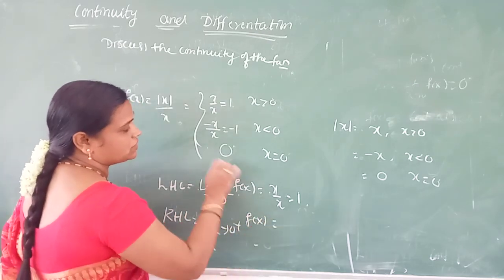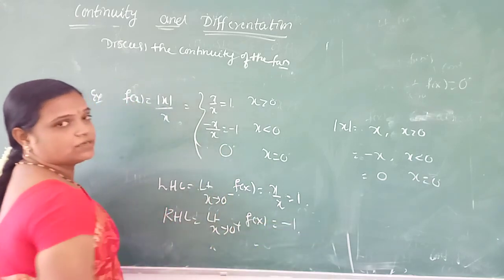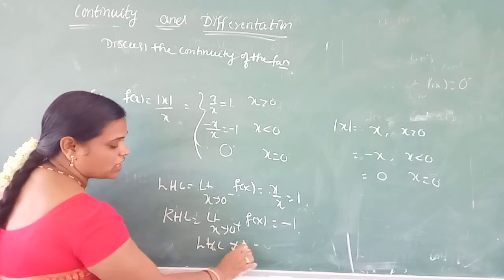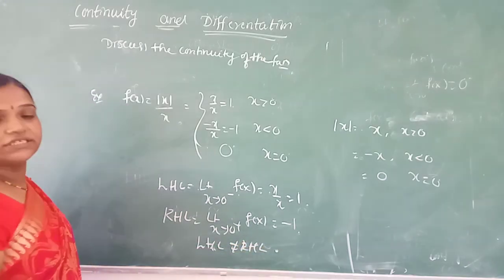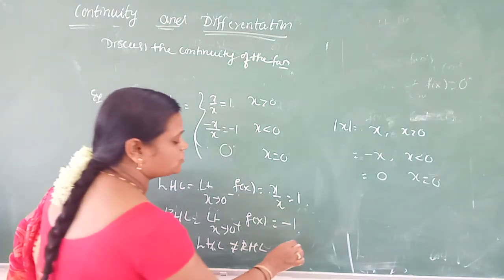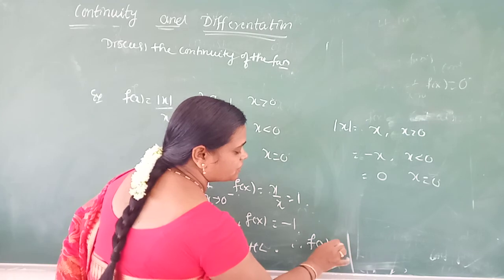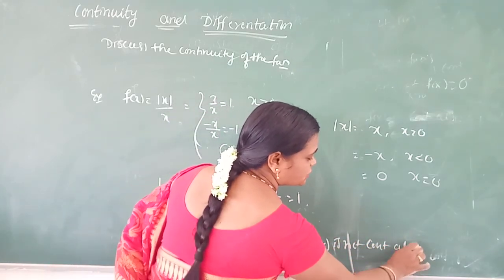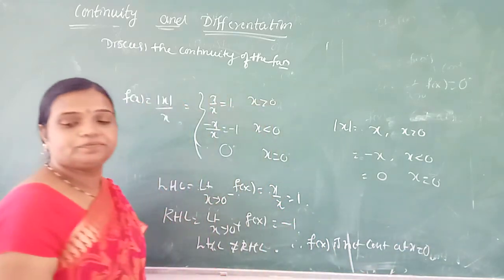What is the value? Already it is there, I will write directly minus 1. Means LHL is not equal to RHL. Correct? LHL is not equal to RHL. Is the function continuous? No, of course. Therefore, the given function f of x is not continuous at x equal to 0.